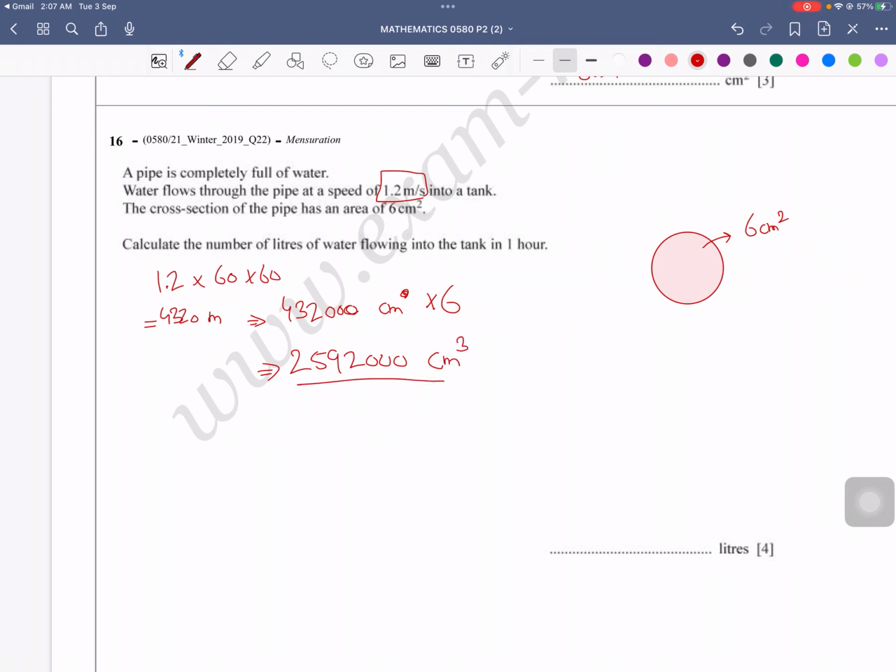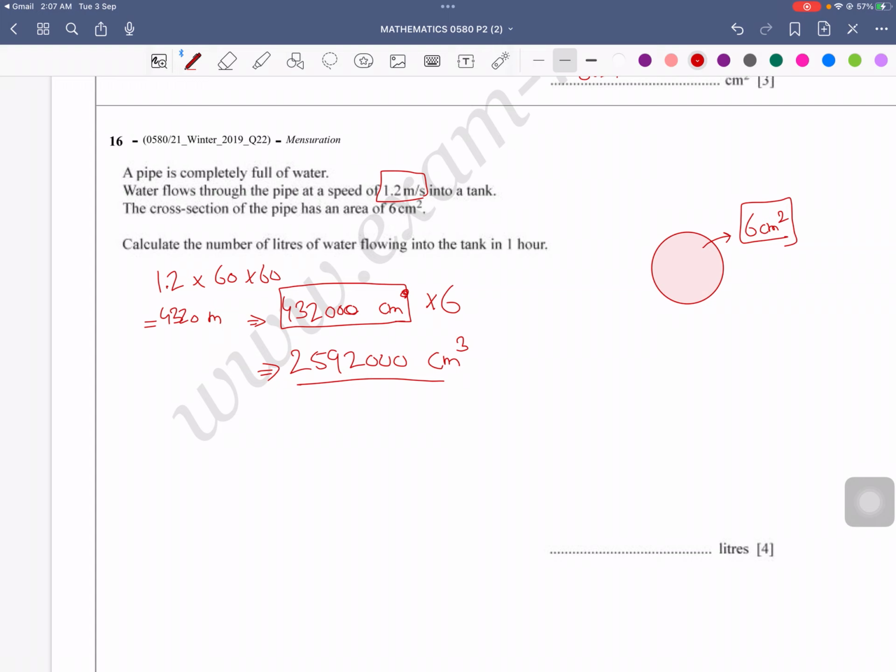This is the amount of water that can flow per centimeter, and we have 6 centimeters of area, remember. So we need to understand how much can flow through 6 centimeters. It's easy.